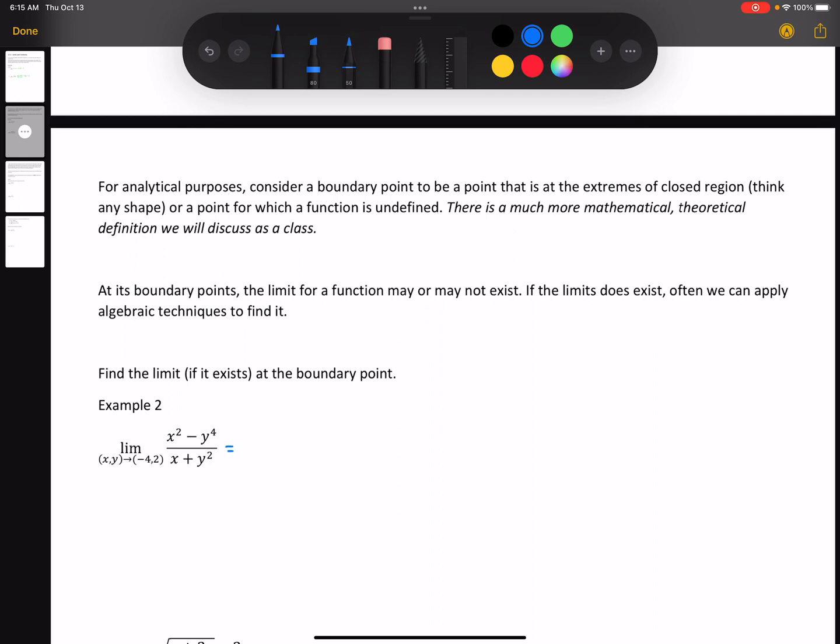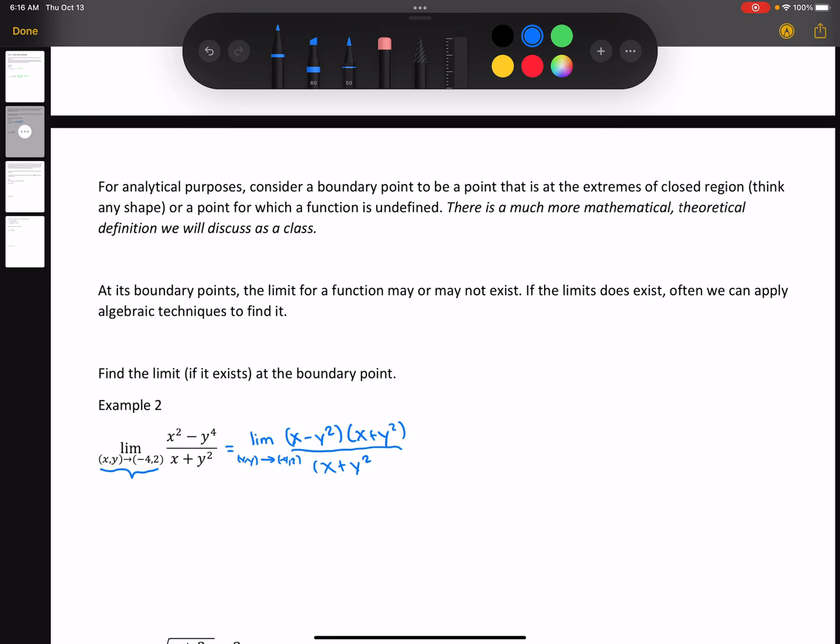All right, so I'm just going to abbreviate limit because this is a lot to write. So we'll say the limit of x squared minus y to the fourth is going to factor to be x minus y squared times x plus y squared, and then we divide by x plus y squared. You know what, Mr. Moran, don't be lazy. Don't be a lazy mathematician. So (x, y) approaches the point (-4, 2).